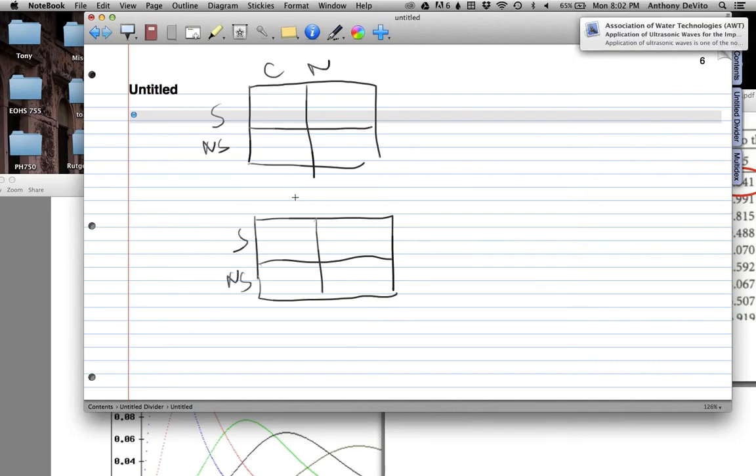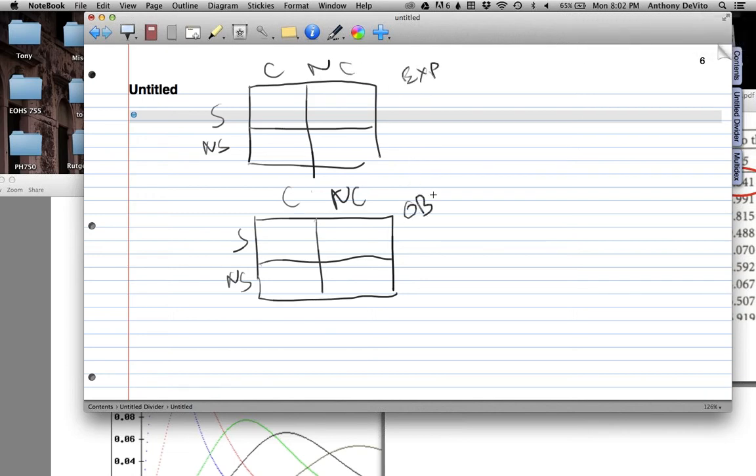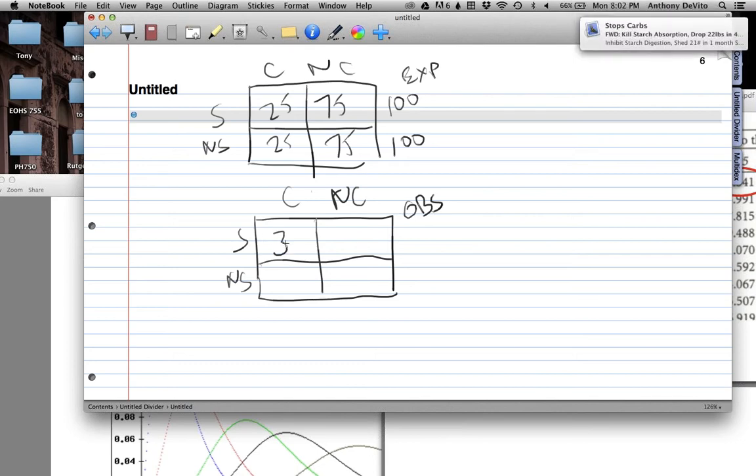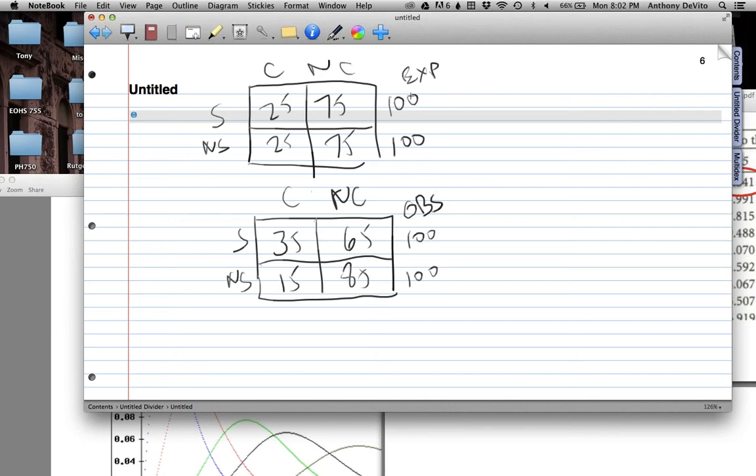This is expected, and this is observed. Expected is 25, 25, 75, 75, 100, 100. Our observed values were 35 and 65, 15 and 85, with 100 smokers and 100 non-smokers. This top part doesn't really exist. It's just what we expected if there was no difference between the two.